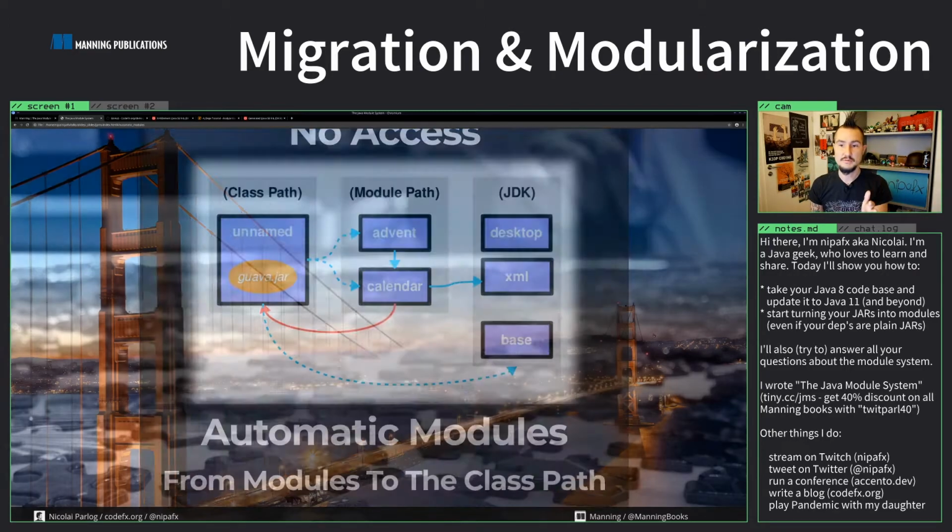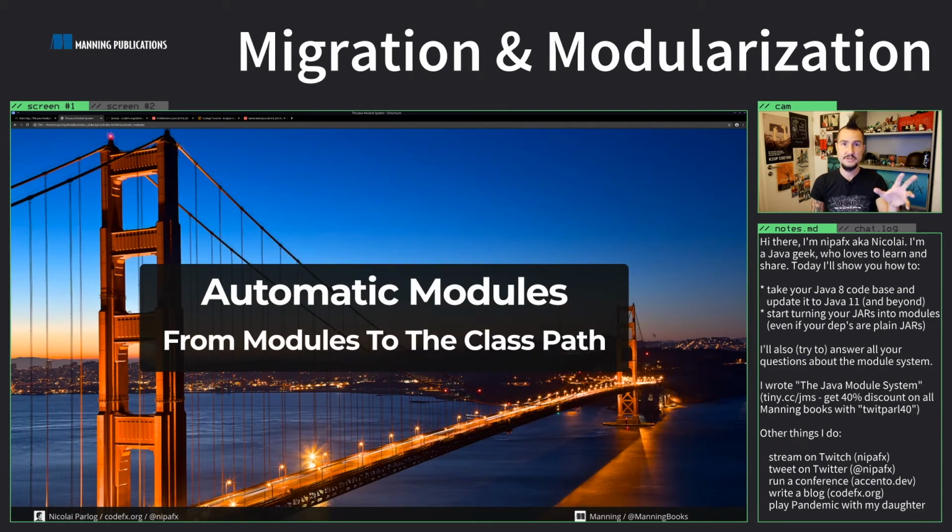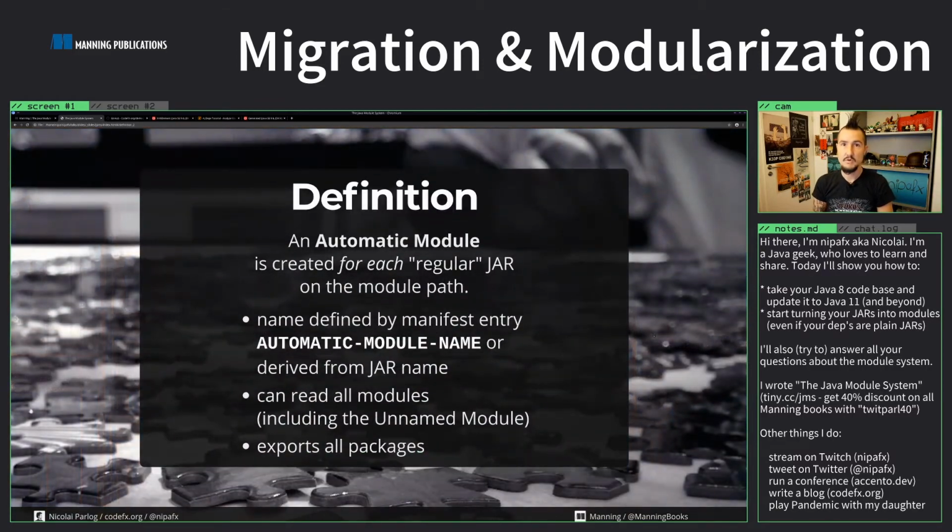This is where automatic modules come in. They're a bridge from proper modules to the class path. You could also see them as a buffer zone maybe. So I mentioned that you can put plain jars, the old ones, the ones with no module-info class, onto the module path.